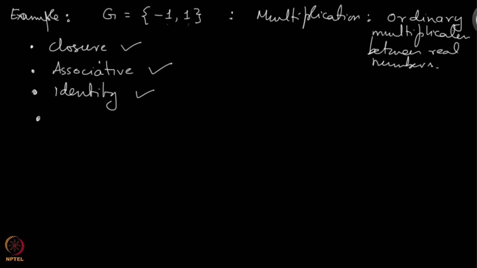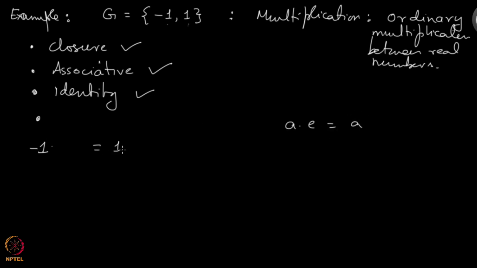Do we have inverse? Okay, let us check. If we have inverse, then we would have all the properties satisfied. So, what should I multiply to minus 1 to get identity? See, this is identity. Remember, A times E is A. This is what we have to verify.